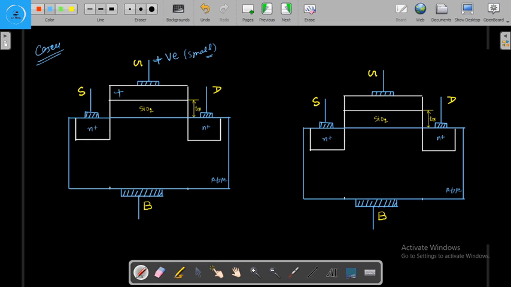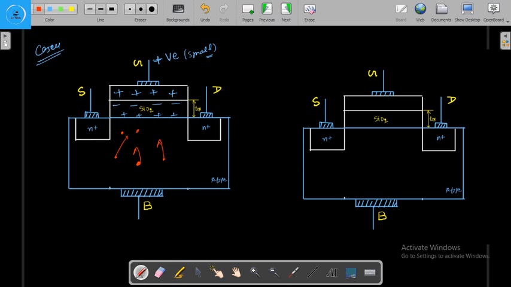Since this is the polysilicon or the metal gate, positive charge will be there and charge polarization takes place here, and because of the positive applied voltage at the gate, this positive voltage will attract the electrons from the p-type substrate, not the channel.